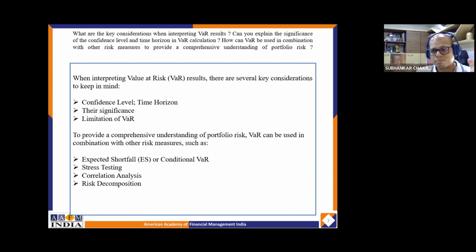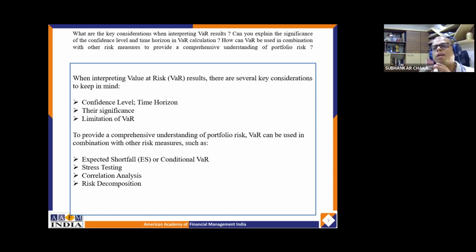So if your portfolio has, let's say, equity, debt, gold, and crude oil, which is another commodity, how much of the risk is contributed by equity, how much by debt, how much by gold, and how much by crude? Now you are decomposing the risk. For each of these components, you get an idea of how much the risk is going to be.